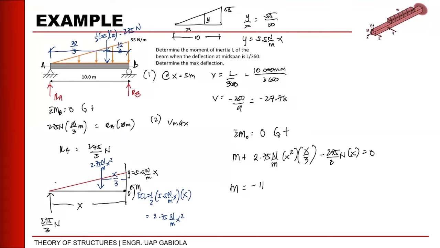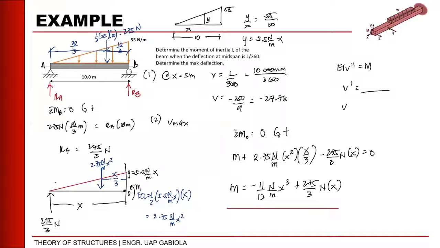So negative 11 over 12 Newton per meter x cubed plus 275 over 3 Newton x. Okay? So this will be our moment equation. What you will do is substitute here to get our value for slope and then for our deflection.